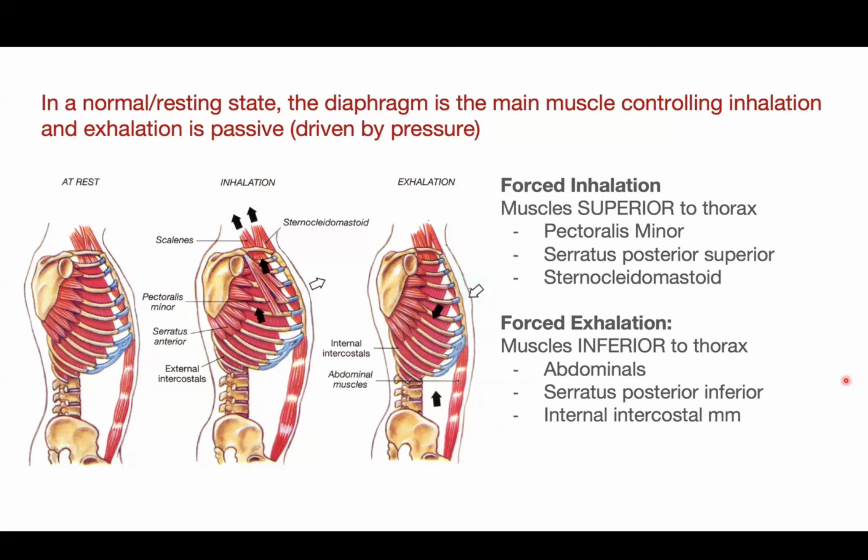These are compressing the abdomen and putting pressure on the diaphragm to help it move up. You've got the serratus posterior inferior, which is gonna pull down and depress your lower ribs. A bunch of your internal intercostals also pull your ribs down and inwards and compress your thoracic volume.